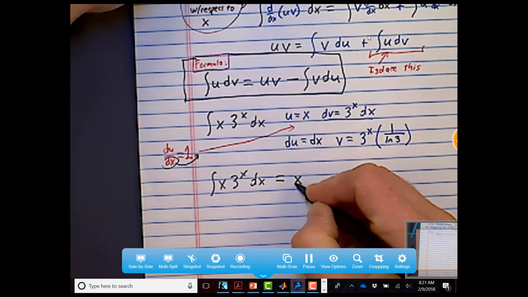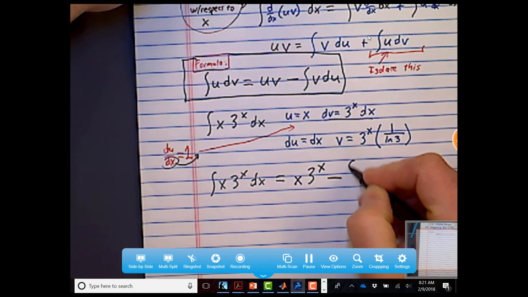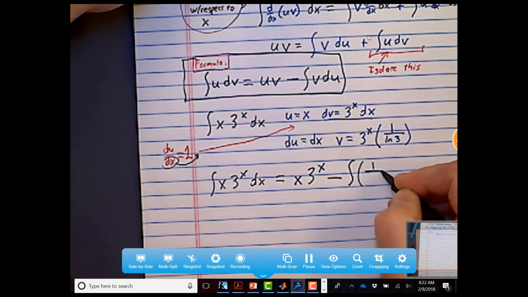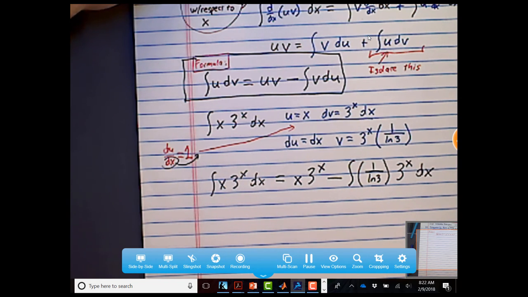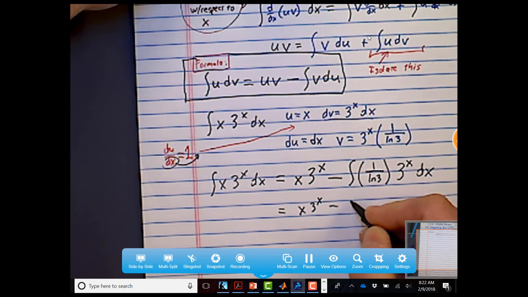So that's x times 3 to the x minus the integral of v du. I'm going to write this as 1 over ln 3, because that's just a constant, right? Times 3 to the x dx. Make sense? Did that help at all? I mean, now the expression is longer than it was before. Let's pull the constant out.